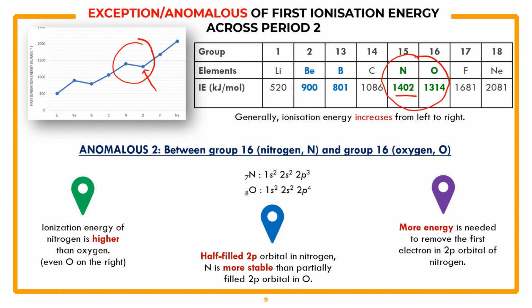Before that, kalau awak tengok juga daripada these two values, okay, it clearly shows us that the first IE of the oxygen is lower than the nitrogen. So, what is the reason? Ionization energy of nitrogen is higher than oxygen. Okay, ataupun IE untuk oxygen is lower than the nitrogen.